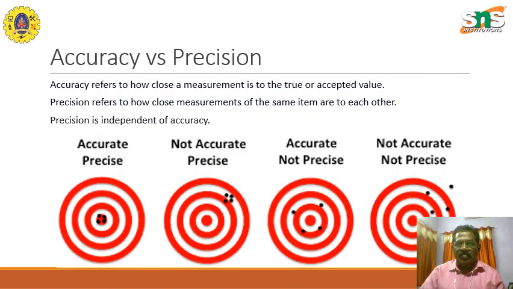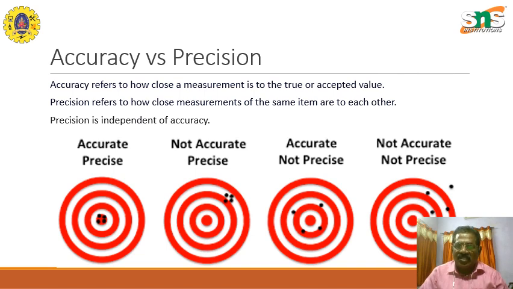Now, again, let's come to the famous dart example that people give. Accuracy refers to how close a measurement is to the true or accepted value. This one is very accurate as well as precise. Everything is near, and the second, third, or fourth readings are also as close. Here, the four readings are close, but they are away from the point of truth, so that is not accurate, but it's precise.